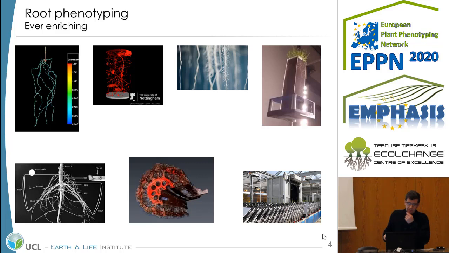We have an array of technologies that have been designed, going from MRI, computed tomography, aeroponics, rhizotrons, and then techniques that are working in the field like shovelomics, and more recently laser ablation tomography, which at a reasonable throughput allows us to get the internal structure of the root. And that will become useful later in my talk.